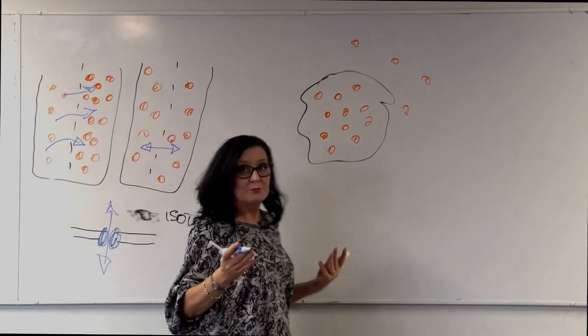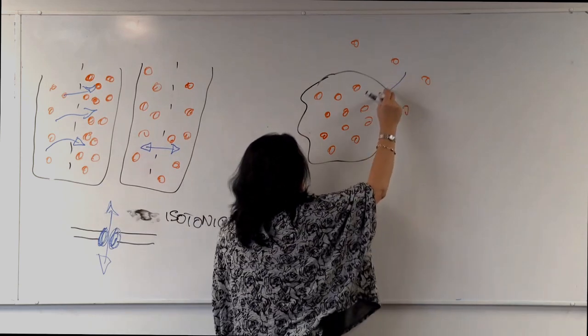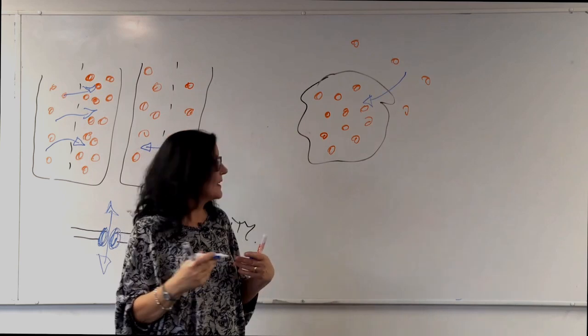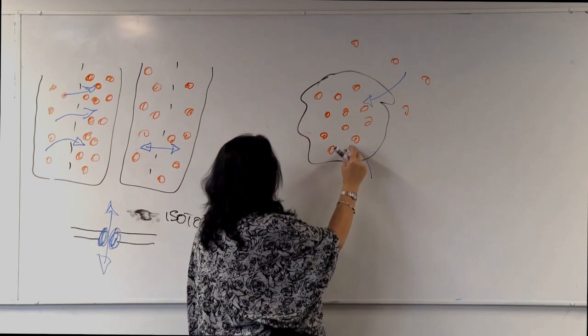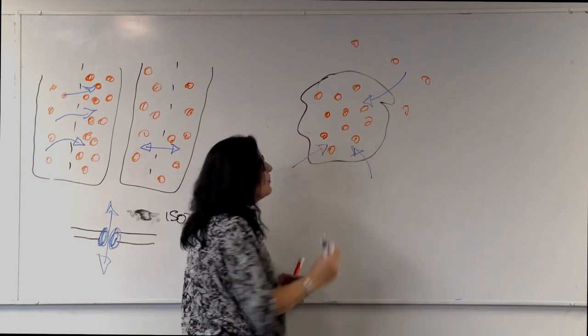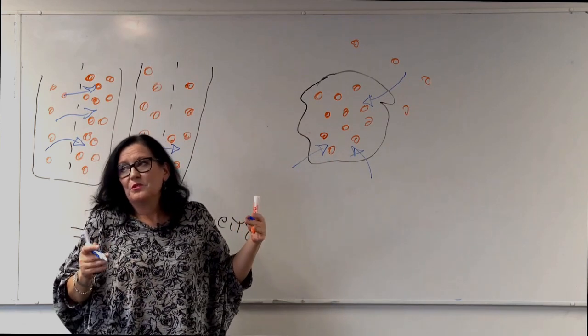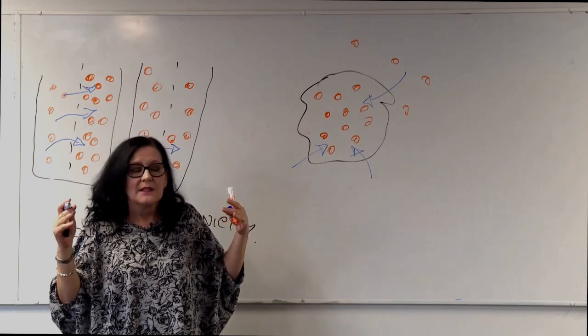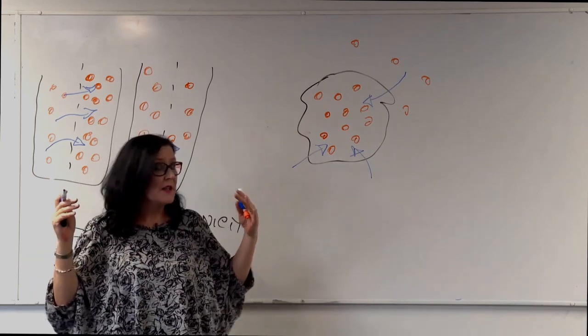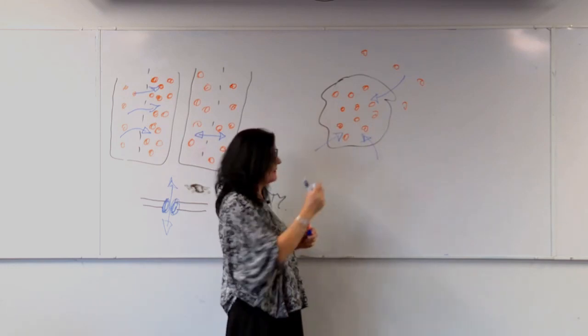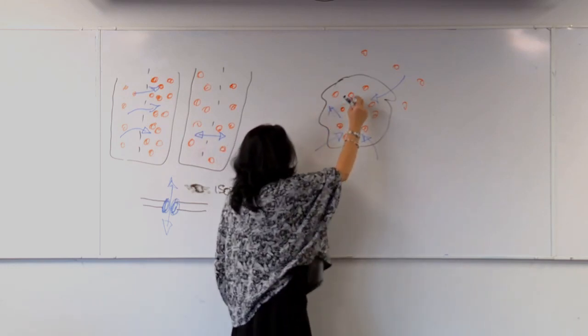It's going to want to move into the cell from the extracellular compartment to the intracellular compartment. If this happens, what do you think is going to happen to that cell? You put water inside it, it's going to swell. Eventually, it could actually burst, but it will certainly start to swell.